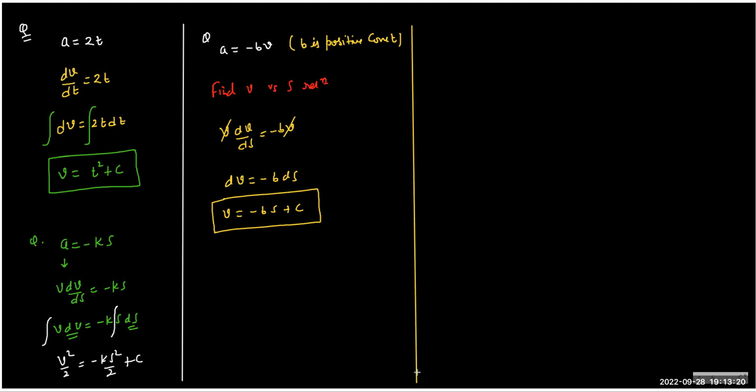So imagine if I give you a question like this. A equals minus alpha root V. So A is acceleration, alpha is some positive constant. No need to worry about the symbolic monsters. And at t equals 0, when you start the motion, the velocity is given as V naught. So the initial condition is given to you.